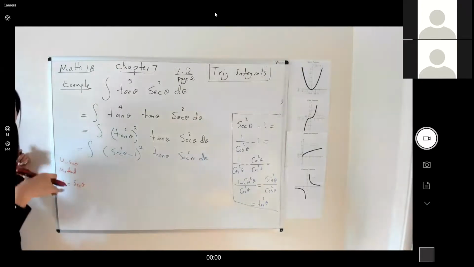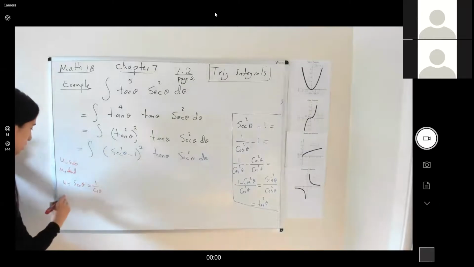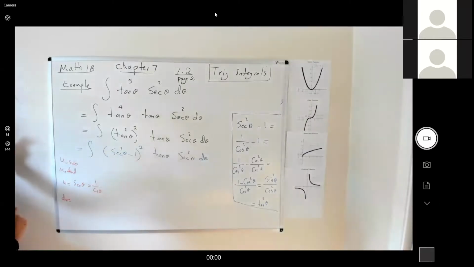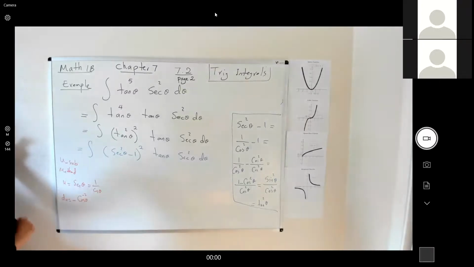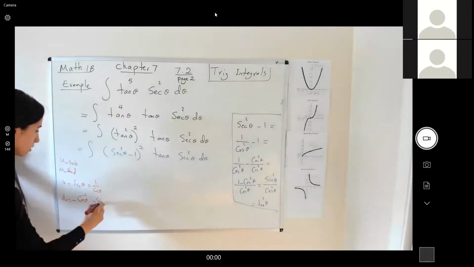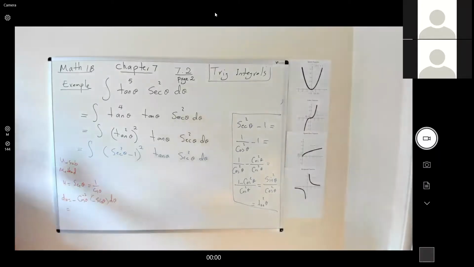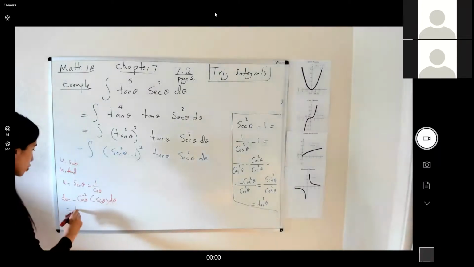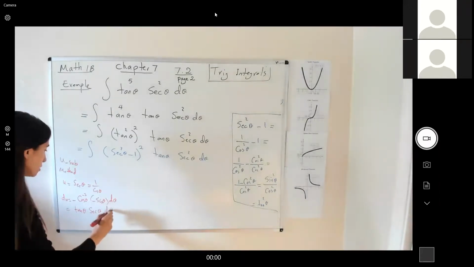Secant theta is 1 over cosine. Du is equal to minus cosine theta raised to -2 times the derivative of cosine, which is negative sine theta d theta. So du is equal to tangent theta secant theta d theta.